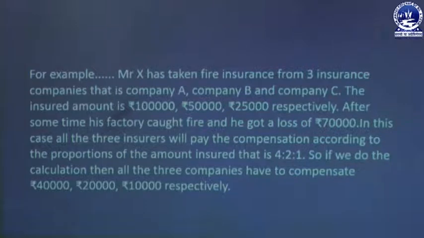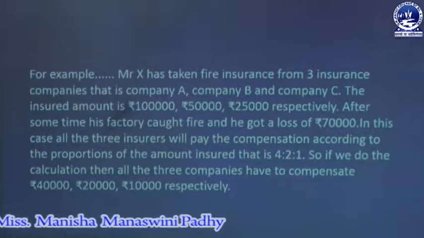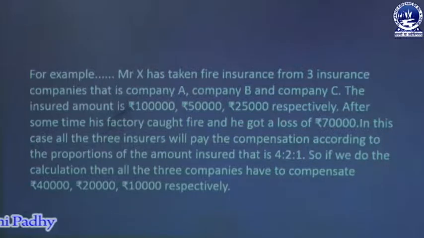Here the principle of contribution will be applied and the compensation will be paid according to the proportion of the amount insured. The ratio between 1 lakh, 50,000 and 25,000 is 4:2:1. So if we do the calculation, the 3 companies A, B, C will have to compensate 40,000, 20,000 and 10,000 respectively according to the insured amount.